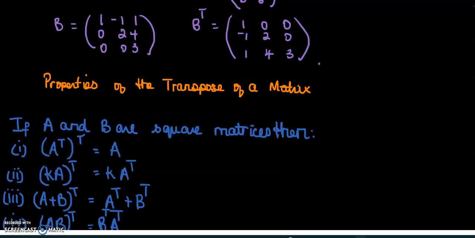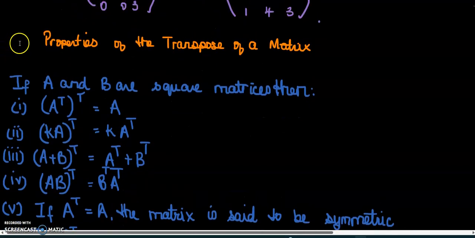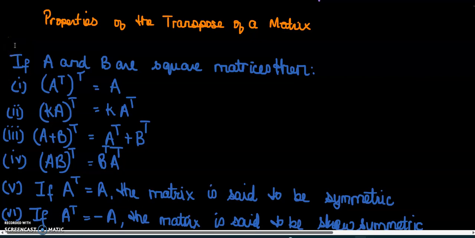Now let us look at the properties of the transpose of a matrix. If A and B are square matrices, now square matrices simply means that they have the same number of rows and the same number of columns. Then 1. the transpose of A transpose should give us A. 2. A constant K multiplied by A, transposed, is K times the transpose of A. 3.